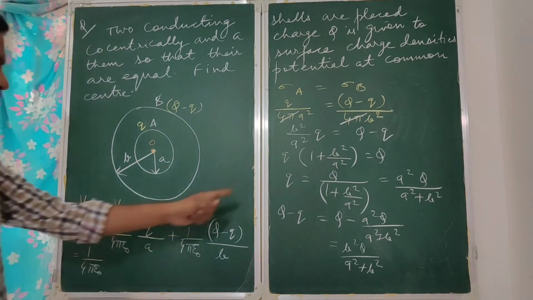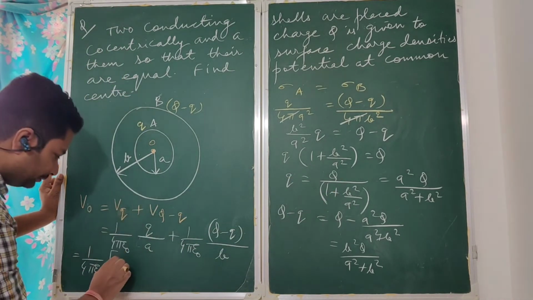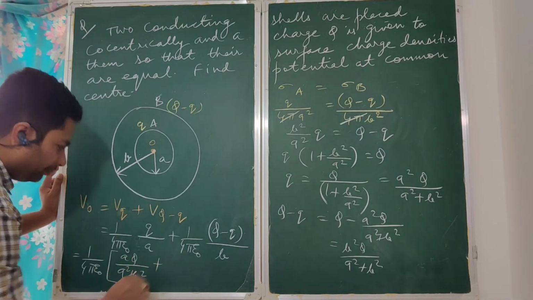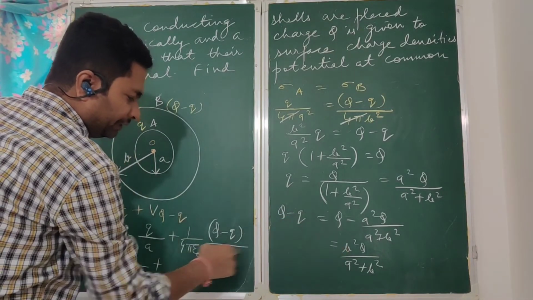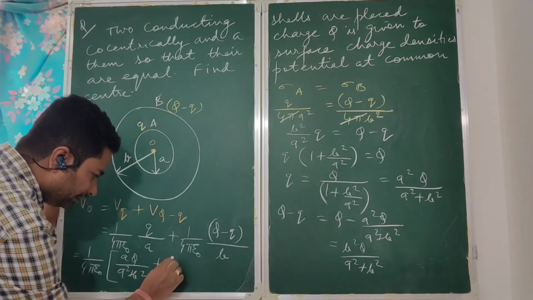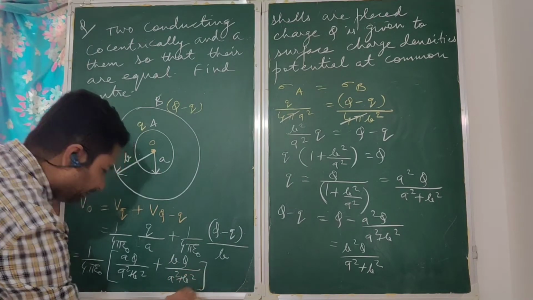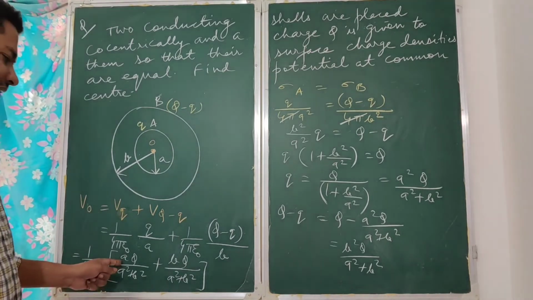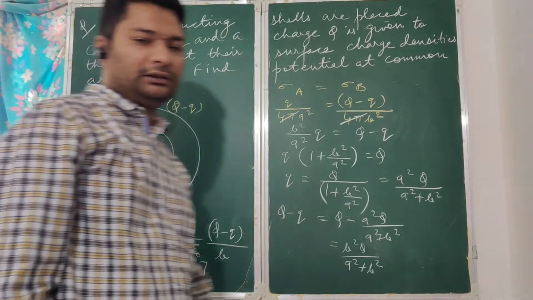Small q by A will be equal to A into Q by A square plus B square, plus this charge divided by B. So B will get cancelled, so B Q by A square plus B square. So you can see the answer is this value. This is the common potential at the center.